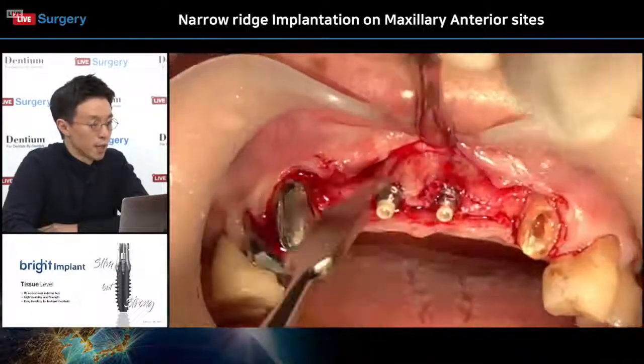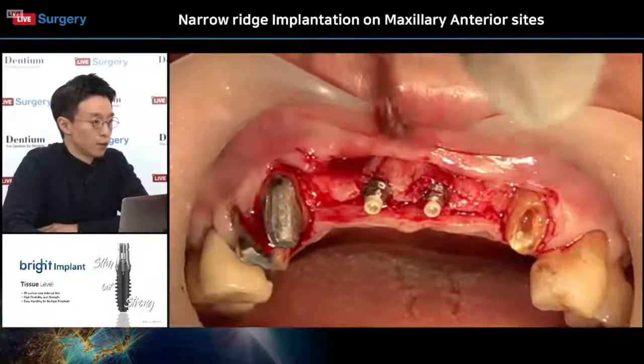Now he is elevating the labial periosteum.